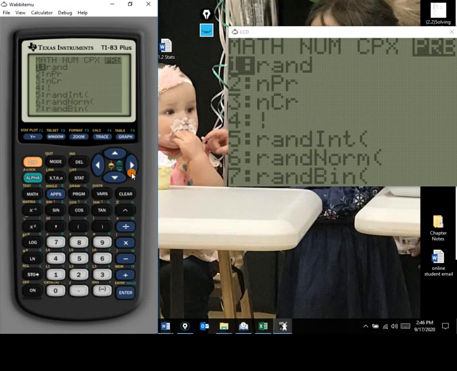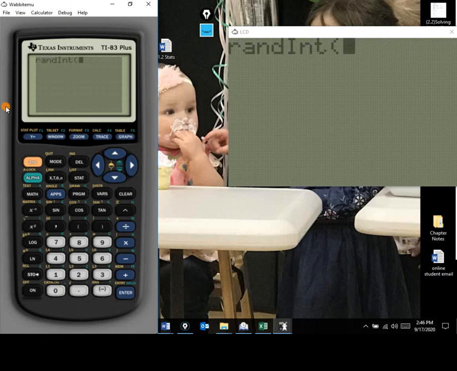Now there's rand, but I want randInt, random integer is what it's saying. Basically, we set it up the same way. It wants your low value, and then it wants your high value. And I can hit enter. And what's nice about that, then, if I want 5 of them, is I just keep hitting enter, and it gives you as many as you want. Does that make sense? Okay.